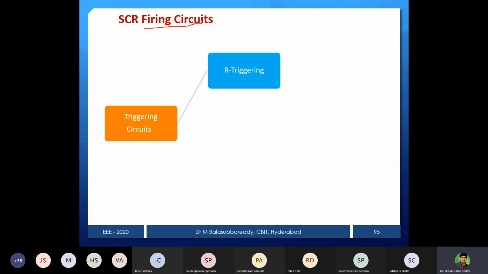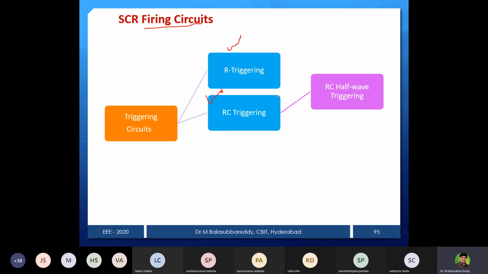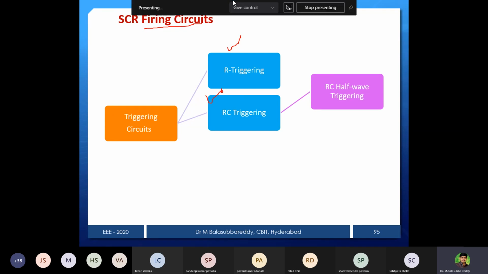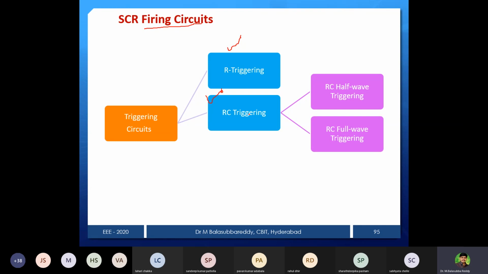Now there is a division: R triggering is one of the methods. We have three or four subclassifications there. R triggering, then RC triggering. Some drawback is there in R triggering. To overcome that, we go for RC triggering. In RC we again divide into two parts: RC half wave triggering and RC full wave triggering.